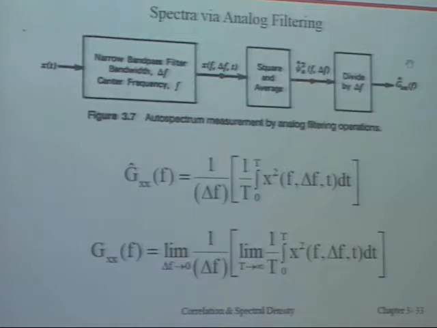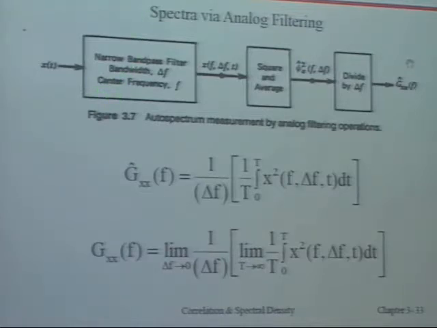Okay, let's look at here. This is where analog data comes into the picture. Then you have a whole bunch of filters with different mid frequencies, starting from 1, 2, 3, all different frequencies, stacked up together.